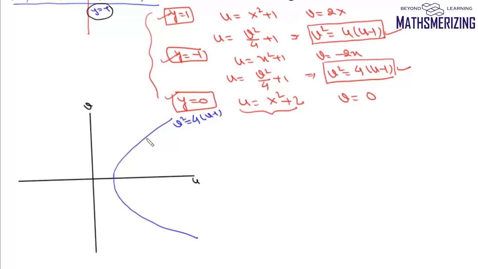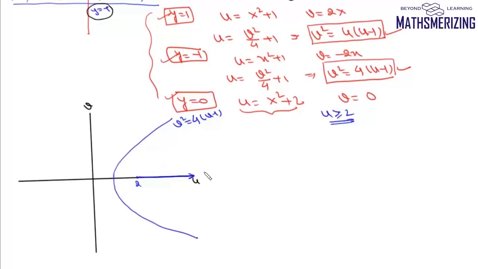The second one is again the same parabola. And this third one is u equals x square plus 2, so u will be greater than or equal to 2 and v is 0. So we'll represent this ray starting from 2 and going towards infinity. So this is the sketch of the boundary values.